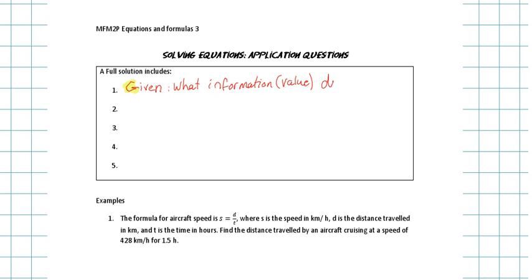Okay. So these are known from the question. Okay? So they are given to you in the question. Second thing that you have to look at is what is required. So what is the question asking you to solve for?